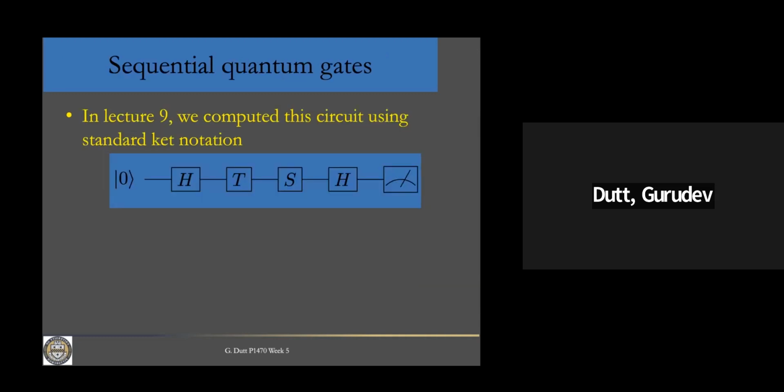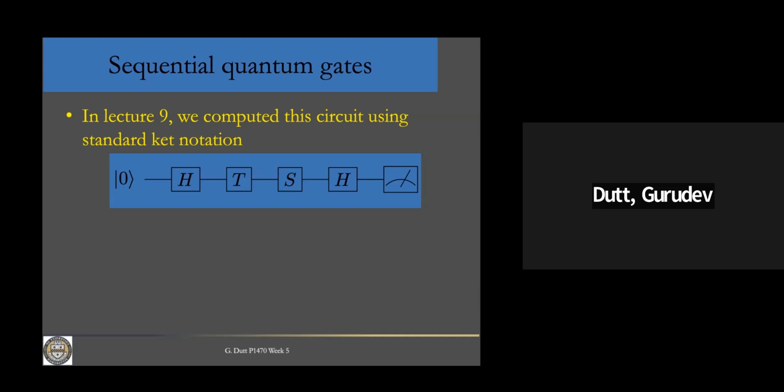Yep. So the output of the circuit is H, S, T, H acting on the state 0. That's what we want to compute. We do that with the matrices. The first column vector is just 1, 0, because that's the state 0.